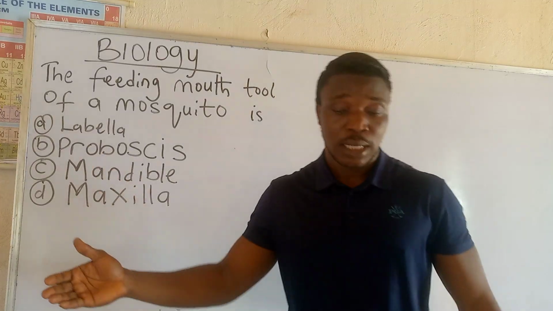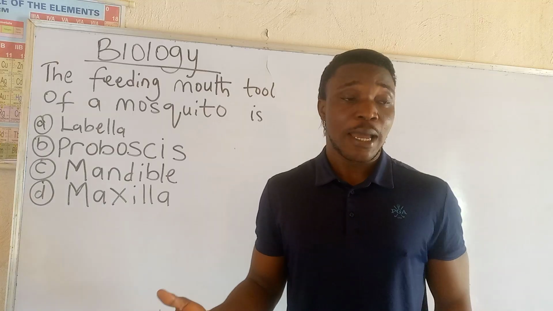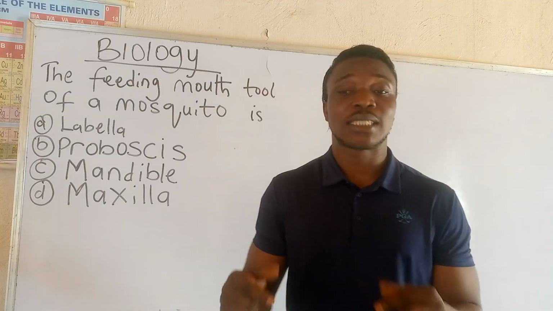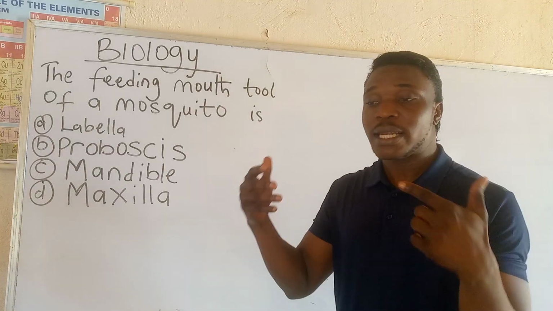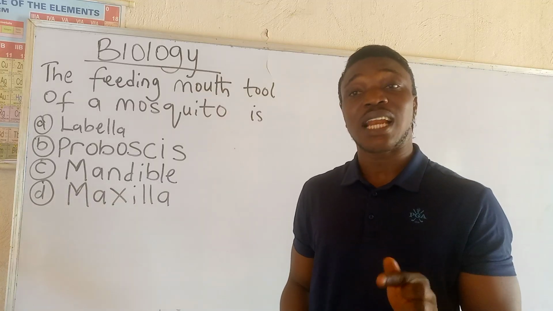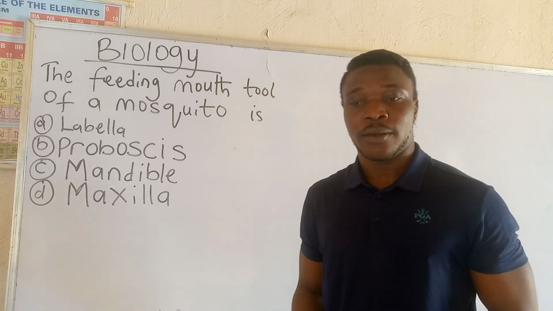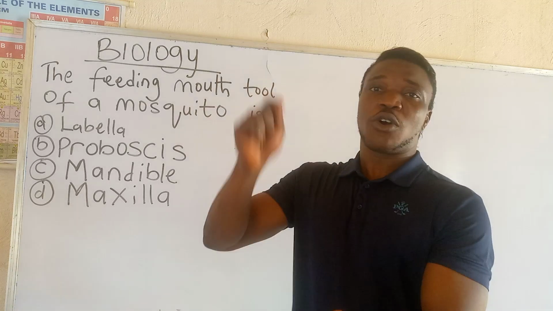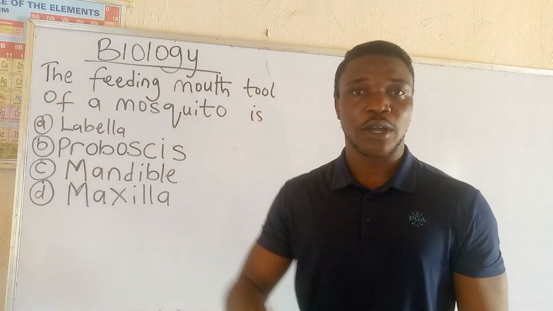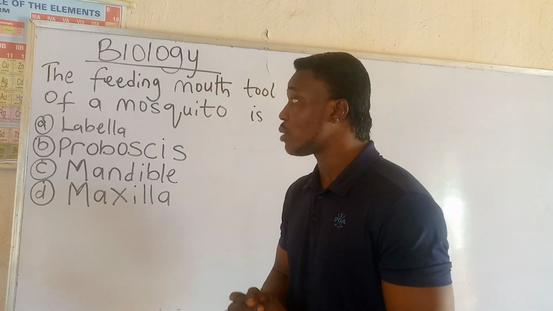And sadly, that is how typhoid fever can be transmitted, because as the housefly places its enlarged labella on the solid food substance and releases saliva, the released saliva contains bacteria, particularly Salmonella typhi, which can actually cause typhoid fever. Okay, so that is how it feeds. So this one belongs to the housefly.